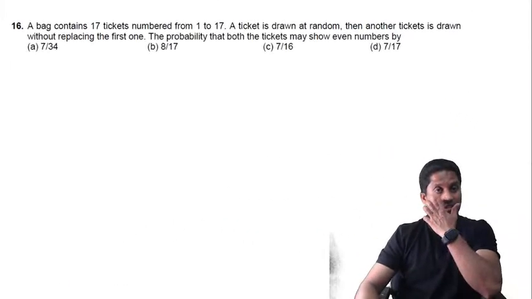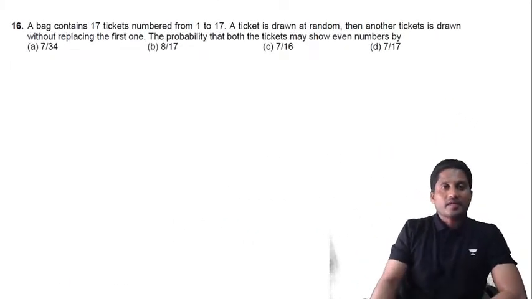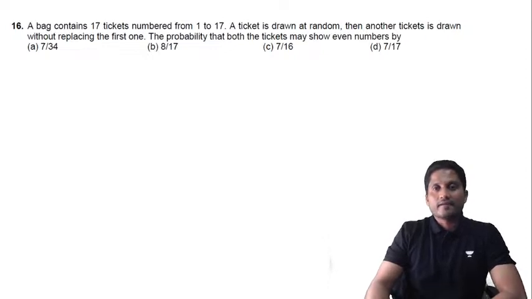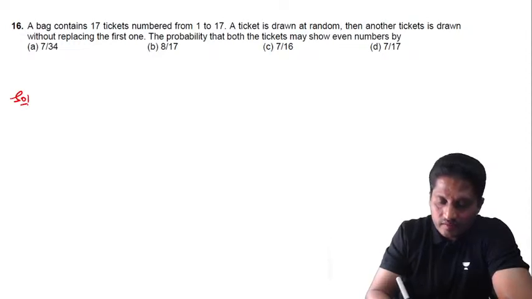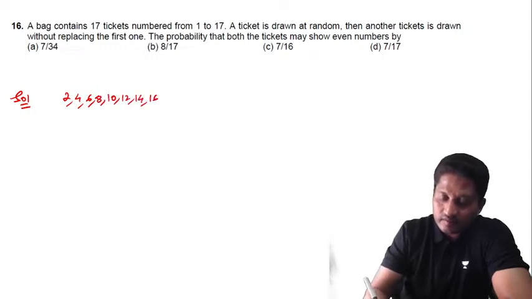Right? Question number 15. Sorry, question number 16. A bag contains 17 tickets numbered from 1 to 17. A ticket is drawn at random, then another ticket is drawn without replacing the first. Probability that both will show an even number. From 1 to 17, even numbers are 2, 4, 6, 8, 10, 12, 14, 16.